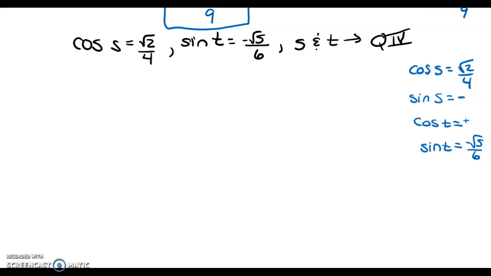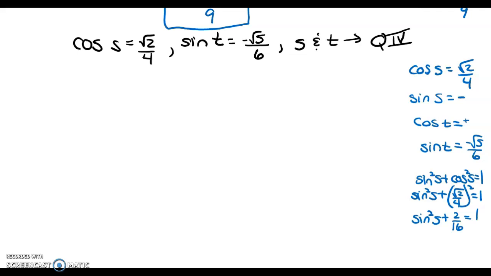So let's use our Pythagorean identities to find the sine of s. The sine squared of s plus the cosine squared of s has to equal 1. Sine squared of s plus radical 2 over 4 squared equals 1. Sine squared of s plus 2 over 16 equals 1.